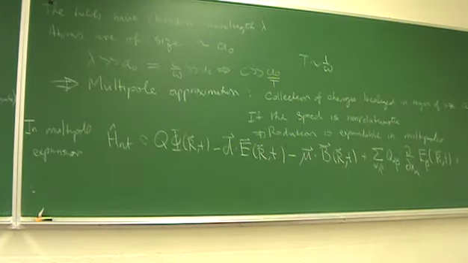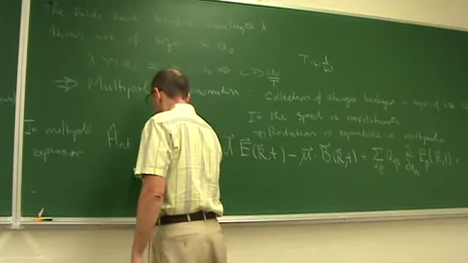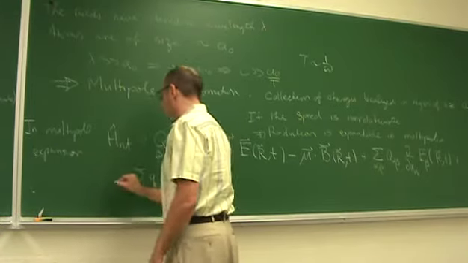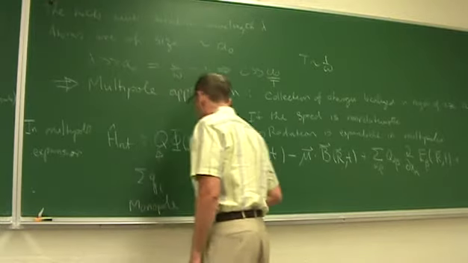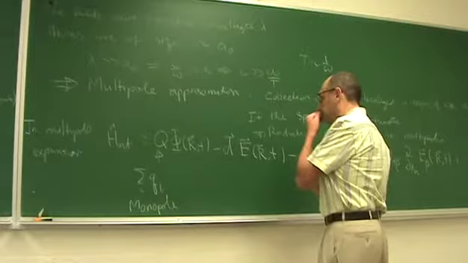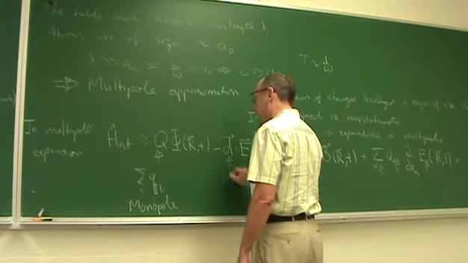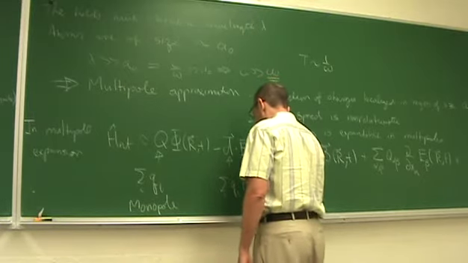So, what is this expression? What I have here, Q is the sum of all the charges. That is the monopole. D here is the sum of all the charges weighted by their position.